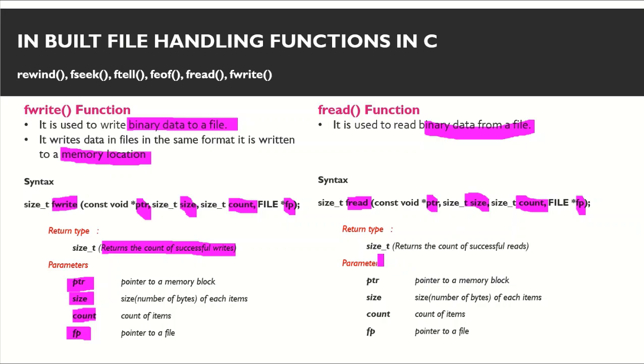Its return type is size_t itself, and it returns the number of successful reads. So these two functions we will be studying with the examples in detail. Then you will understand more about the parameters and their usage.